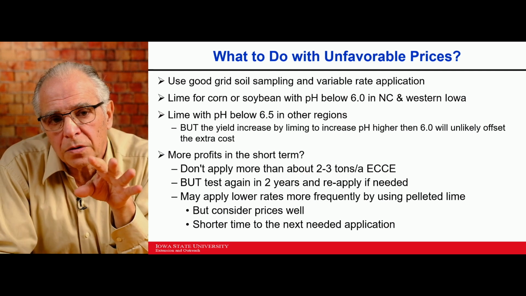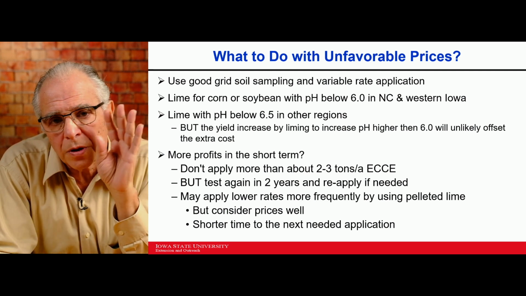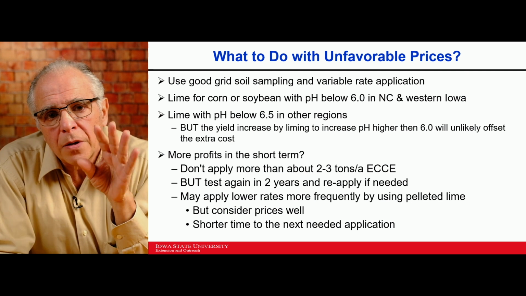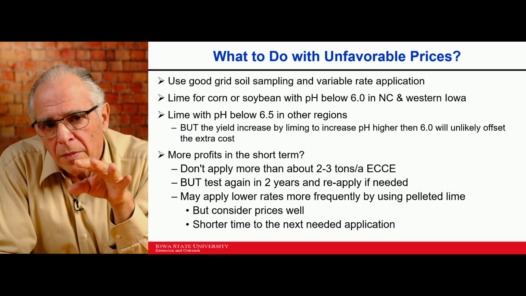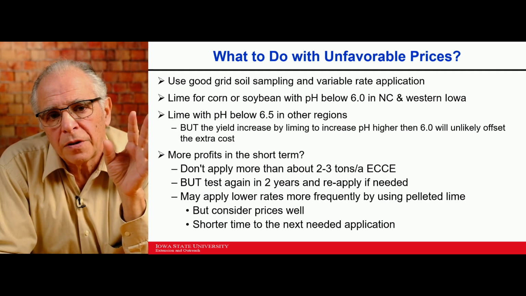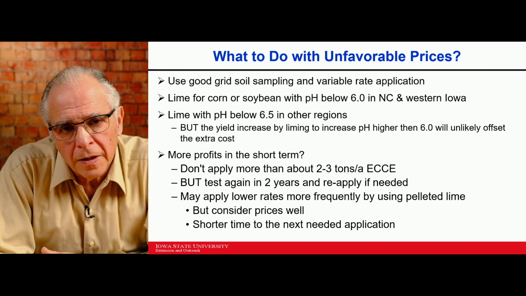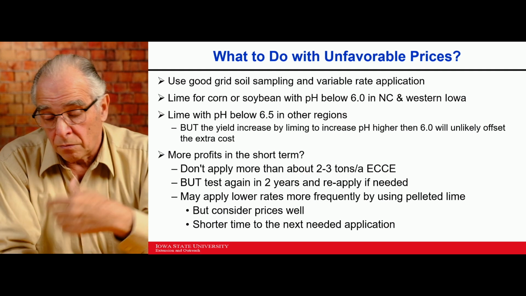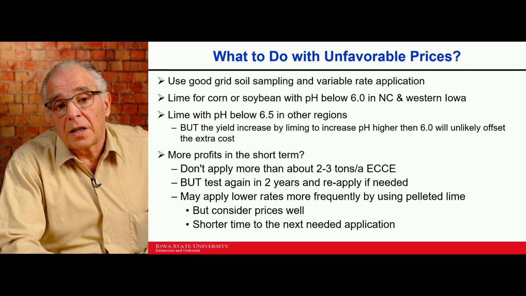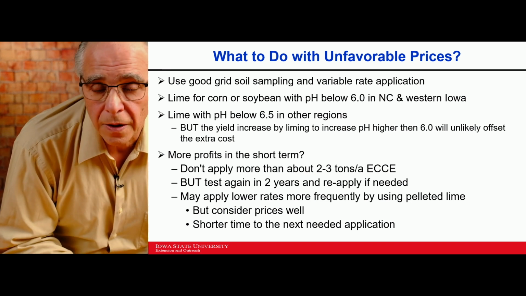Given the results that I showed there, I would apply 2, 3, 4 tons, because that essentially will maximize the yield of the first crop or the second crop, and then take soil samples, say 2 years later, and apply more if it is needed, okay?